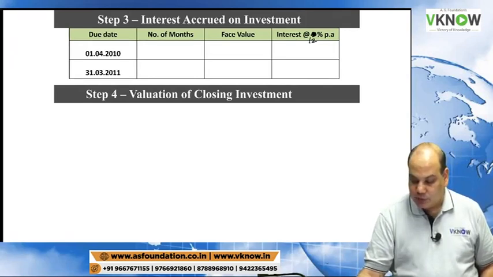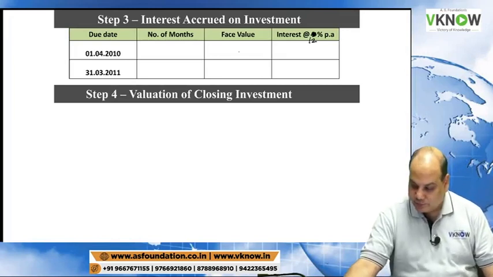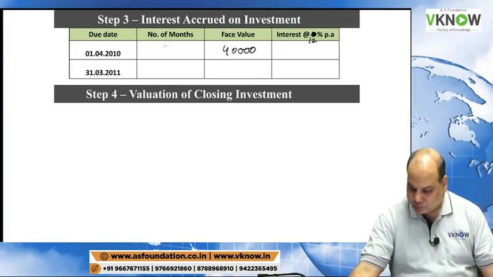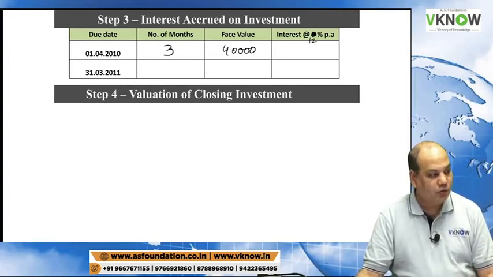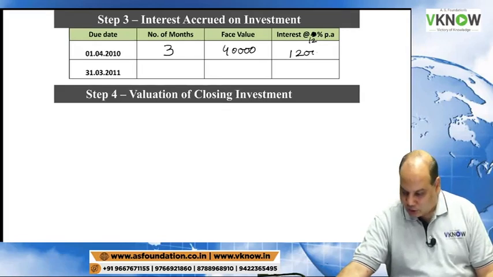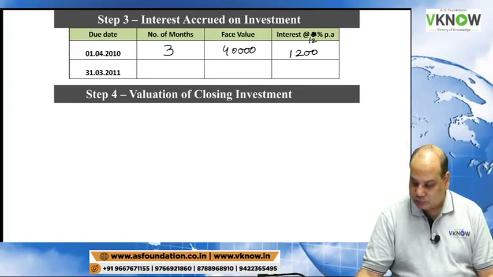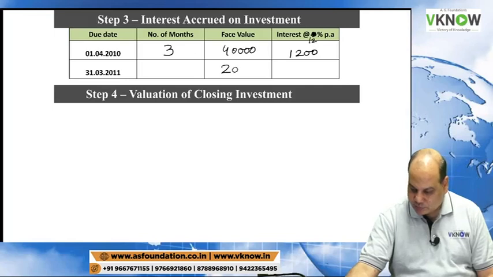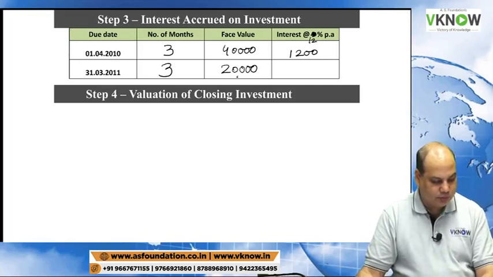Anybody? 1st April 2010, we have 40,000 rupees. Number of months 3. So you will have 40,000 into 12% into 3 by 12. 1200. And at the end of the year, we have 20,000 rupees remaining sold for 3 months.